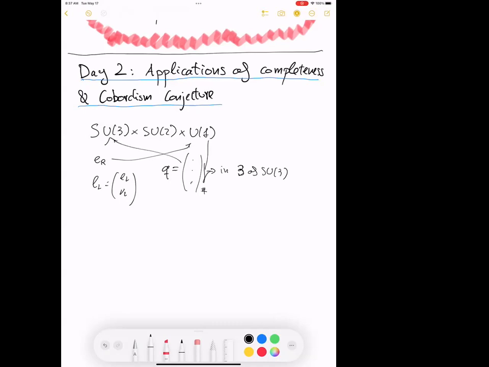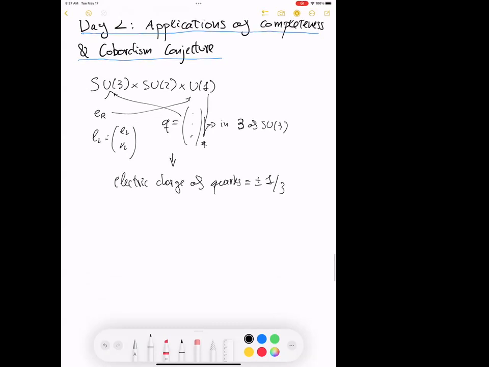And when you work out what the actual electric charge of the quarks is, it comes out to be plus or minus 1/3, as you may know.